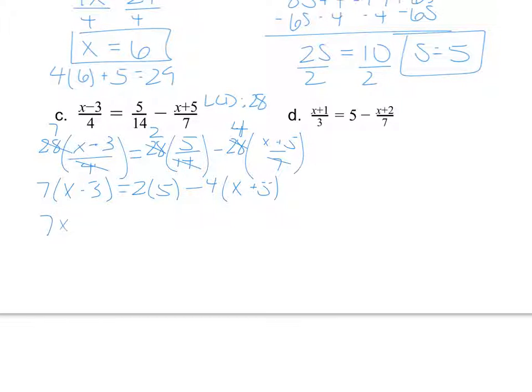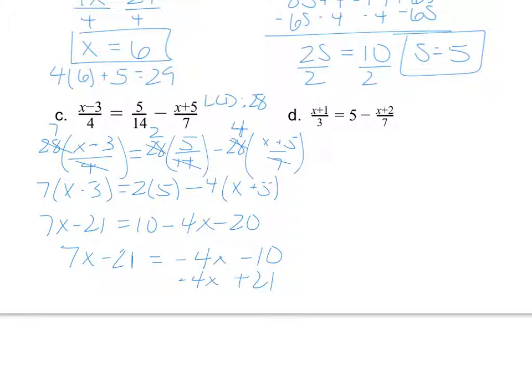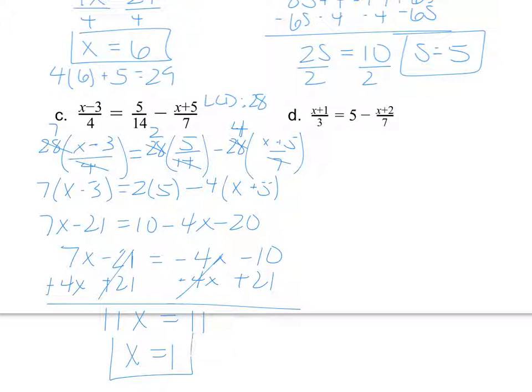And so we'll distribute here. All right, and so we'll add 4x and add 21 on both sides. I end up with 11x equals 11. So x is 1. And plugging in, we should find that that is correct.